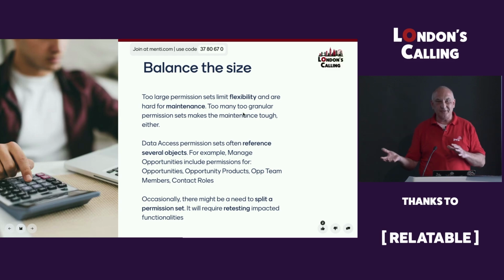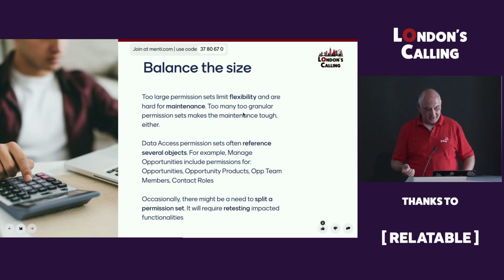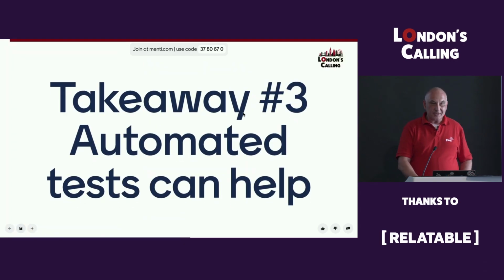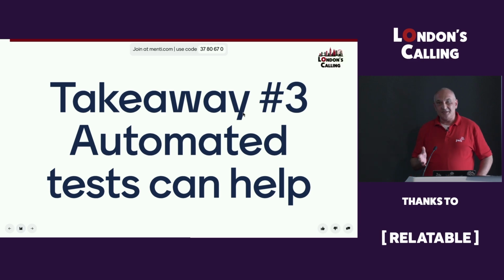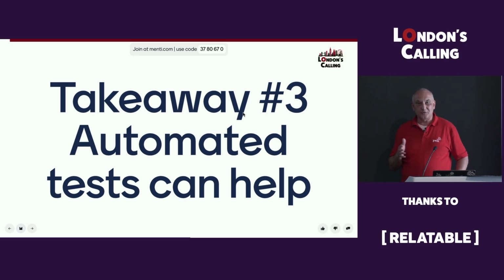So we had to split the permission set into manage accounts and manage contacts, and view accounts, edit accounts. And when we did this, we had to retest all the existing functionalities. But it was relatively easy, because we used automated tests.